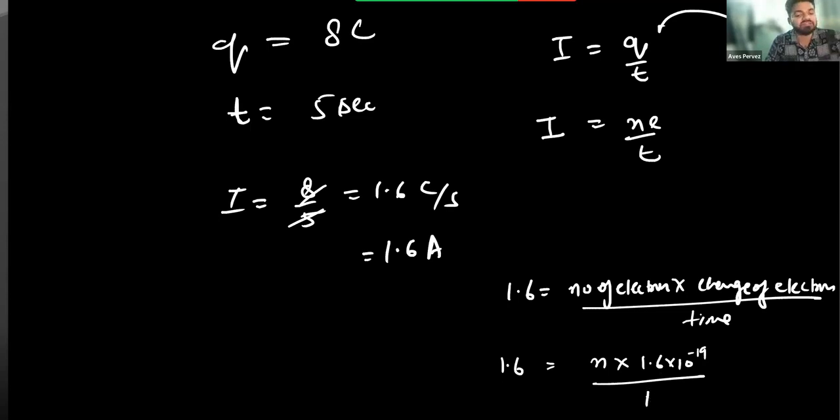So this N will remain here and this will come down. So we'll write 1.6 upon 1.6 into 10 to the power minus 19 is equal to N. This will cancel out, and this 10 to the power will go to the upside and become 10 to the power positive 19.